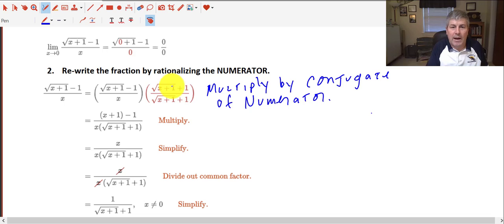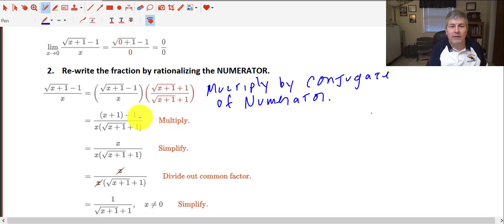And we do that both top and bottom, or to the numerator and denominator, because we want to just multiply by 1, and we don't want to change our location on the number line. So following our pattern, the square root of x plus 1 quantity squared just becomes x plus 1, and then 1 squared is 1. So we end up with x plus 1 minus 1 in our numerator.